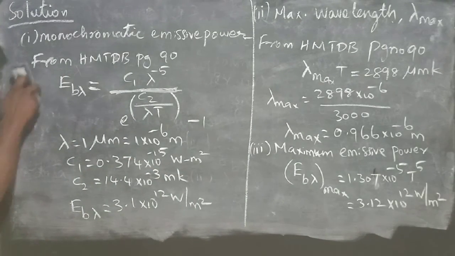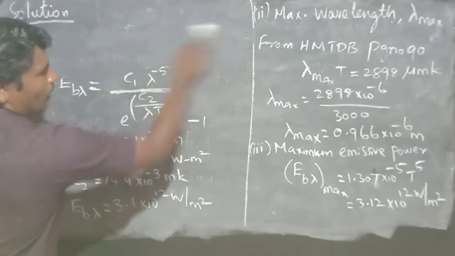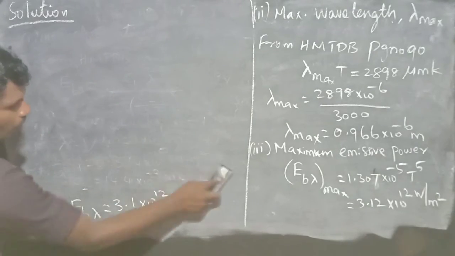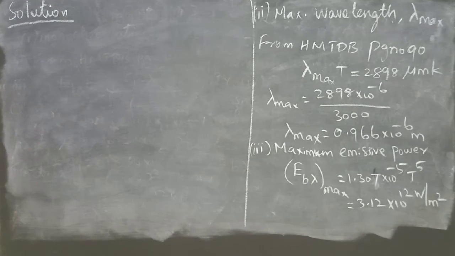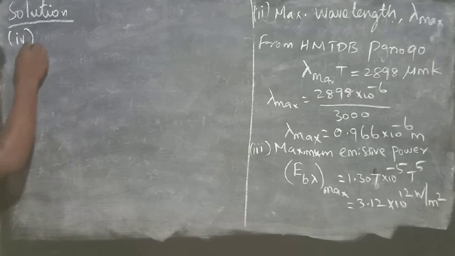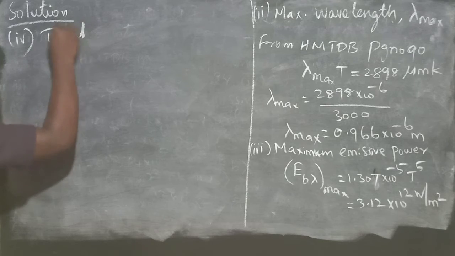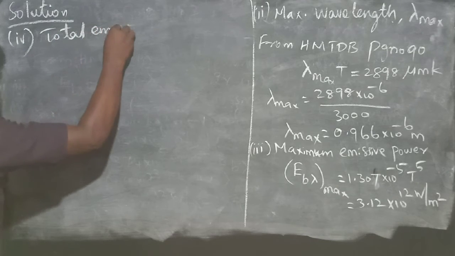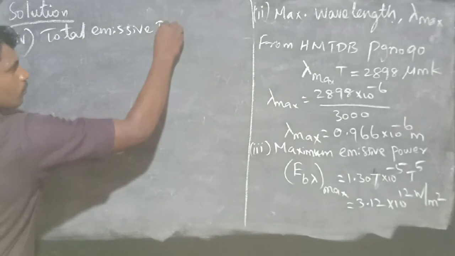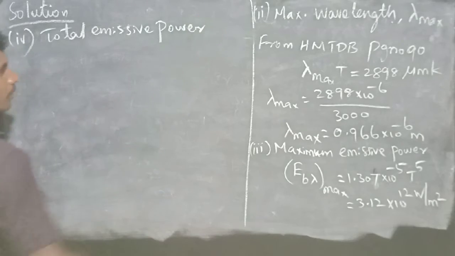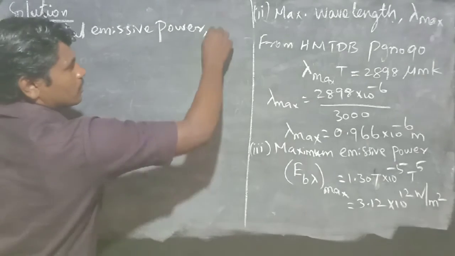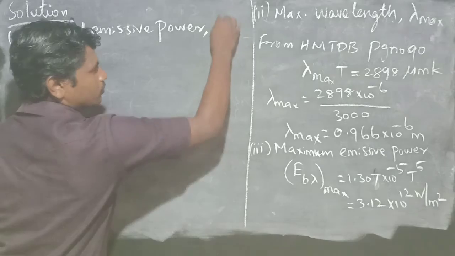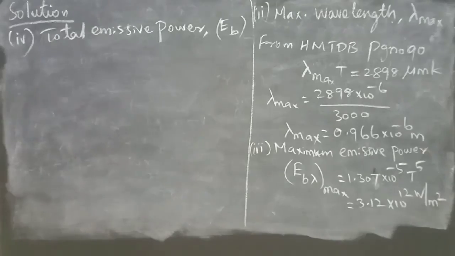After finding the value of maximum emissive power, we need to find the value of total emissive power. The total emissive power symbol is E_b.